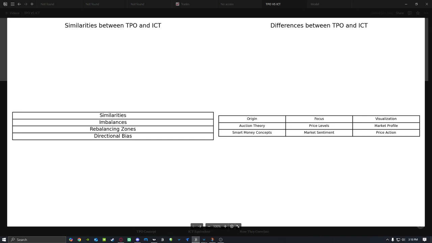The origin is auction market theory, right? Smart money concept is the ICT, but it can also be Power 3 and directional bias. And also, draws of price on highs and lows can also be a bias too, which I'll also be going over in this video.